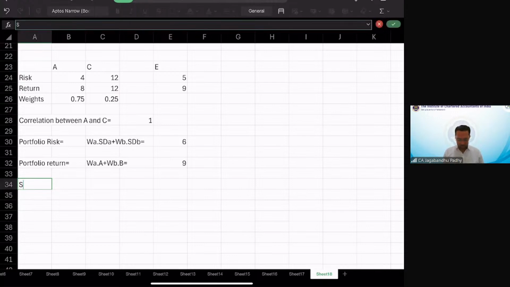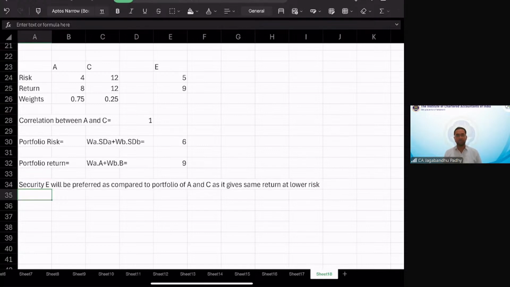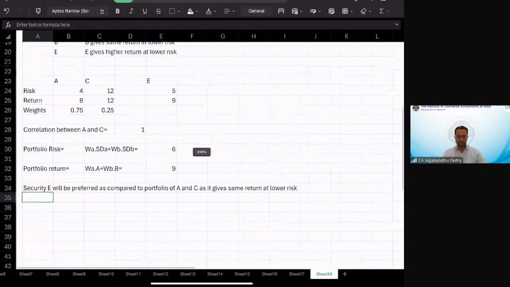So we can say security E will be preferred as compared to the portfolio of A and C, as it gives the same return at lower risk. Okay, so E is going to be preferred.